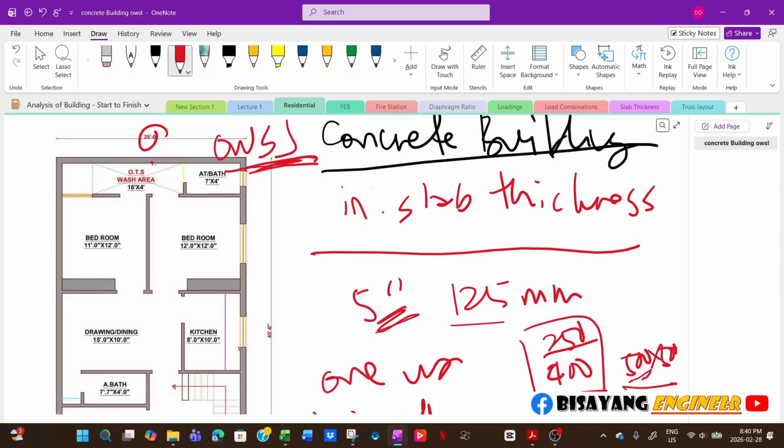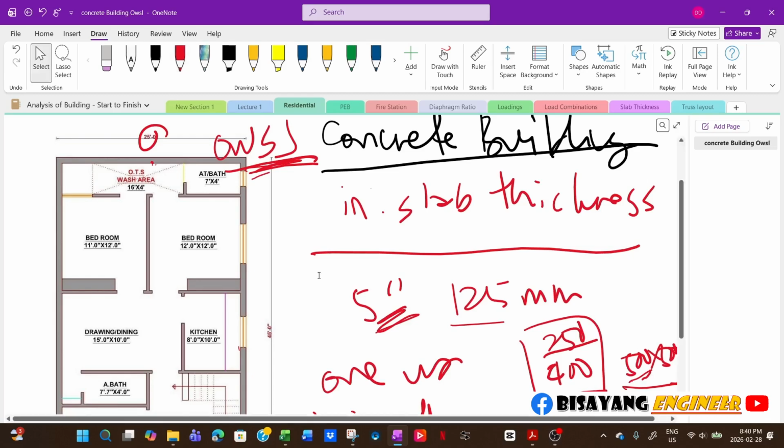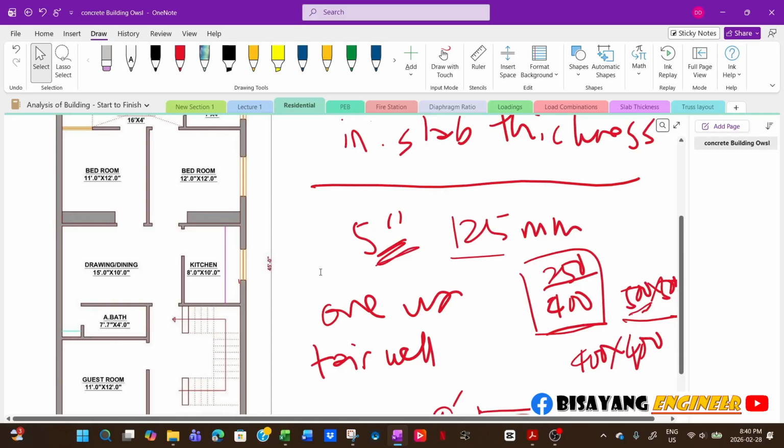It's the same as a truss. We will discuss that in the next video. Open web steel joist, we will discuss that in a separate video. This one will just focus on concrete framing. So yeah, these are our options.